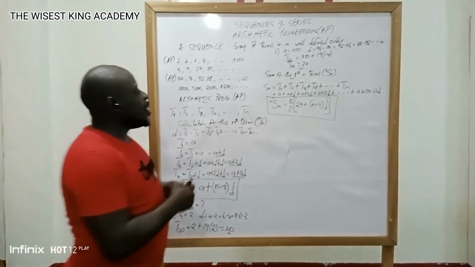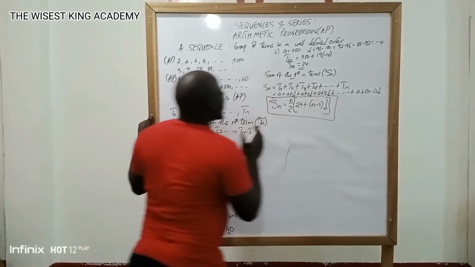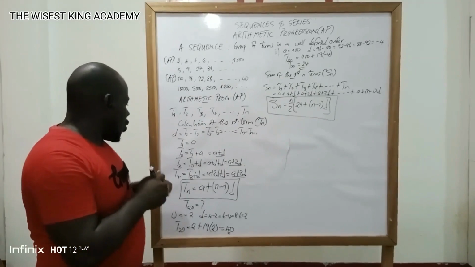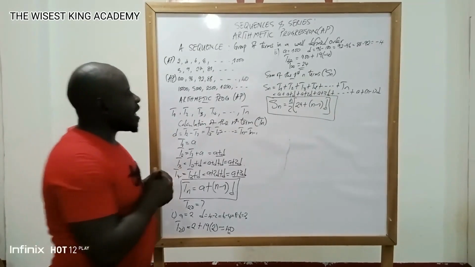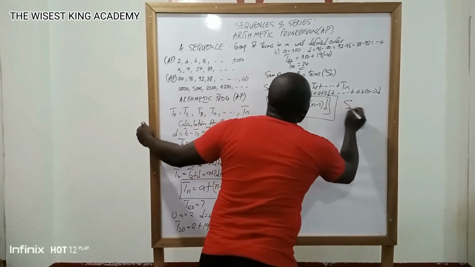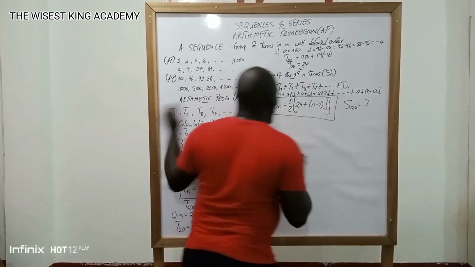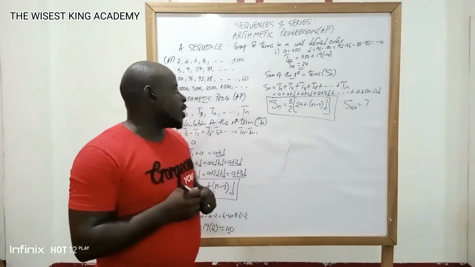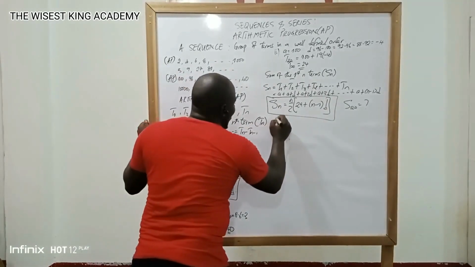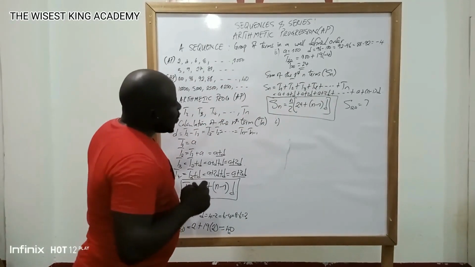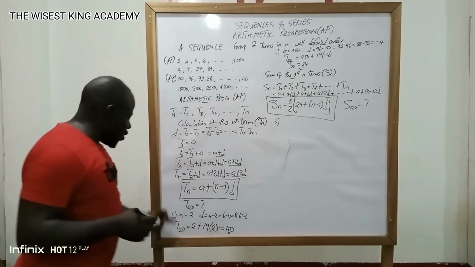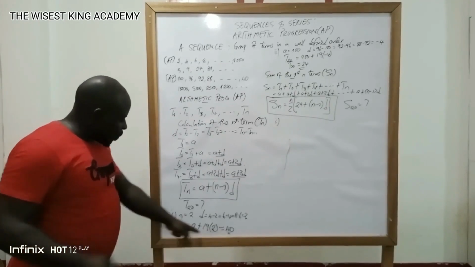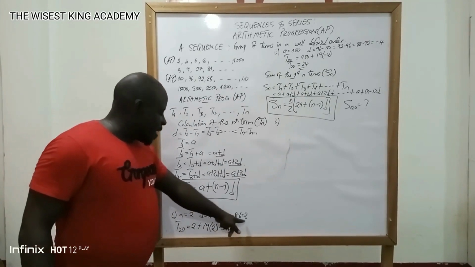So what we are going to do is use these two previous examples with which we calculated the 20th term. We are going to calculate S20, that's the sum of the first 20 terms. Now let's use example number 1. Don't forget we know our first term and our common difference, which is still on the board. The first term is 2, and the common difference is 2.